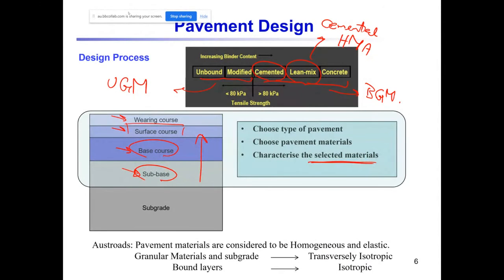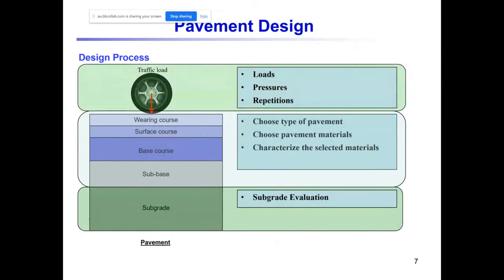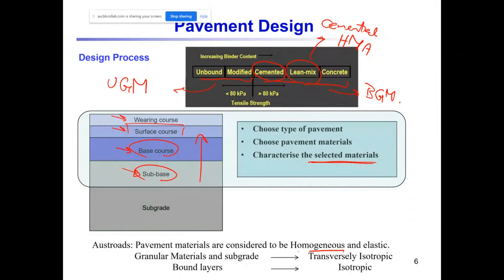But what is the material behavior? In elastic analysis, we are assuming that the material we are dealing with is homogeneous, right? So at different points inside the structure or inside the subgrade, we are considering the same material parameters. For example, for point A and for point B, we are using the same material parameters.